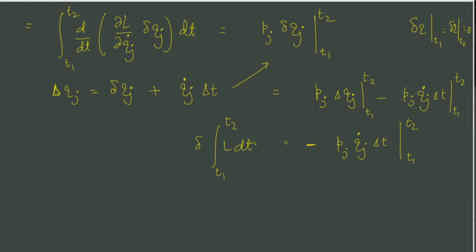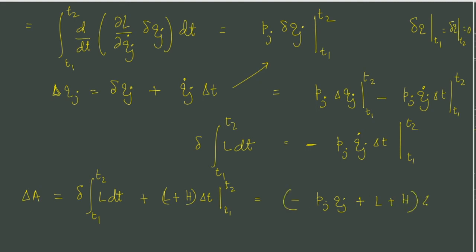Now, if we substitute that into our original equation, which was the delta variation of A given by, and we substitute it here to get, but this is 0 simply because, I mean, minus Pj Qj dot, there should be a dot here, yeah, Pj Qj dot plus L gives you minus H, so that cancels and eventually we get 0.